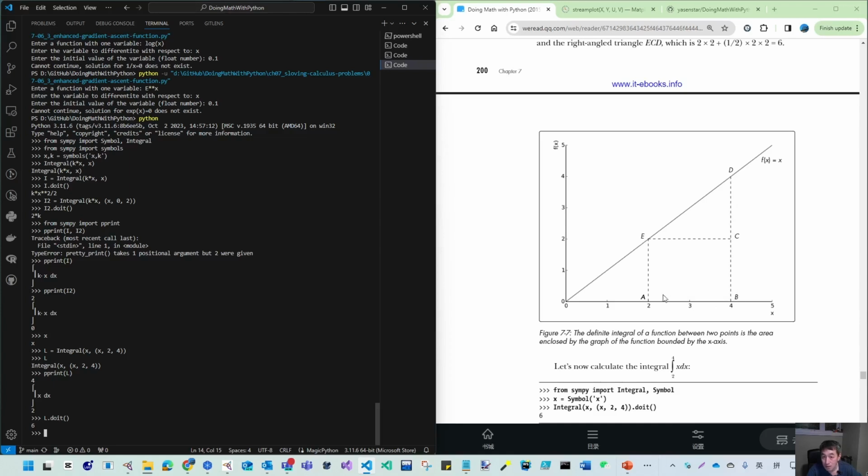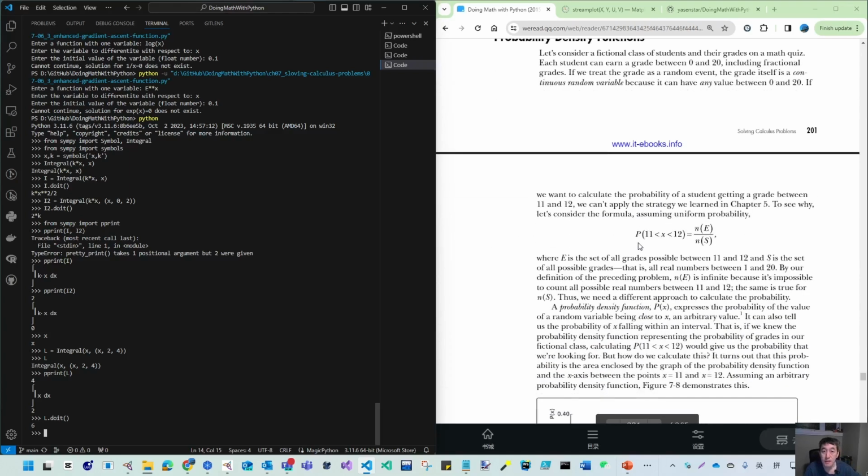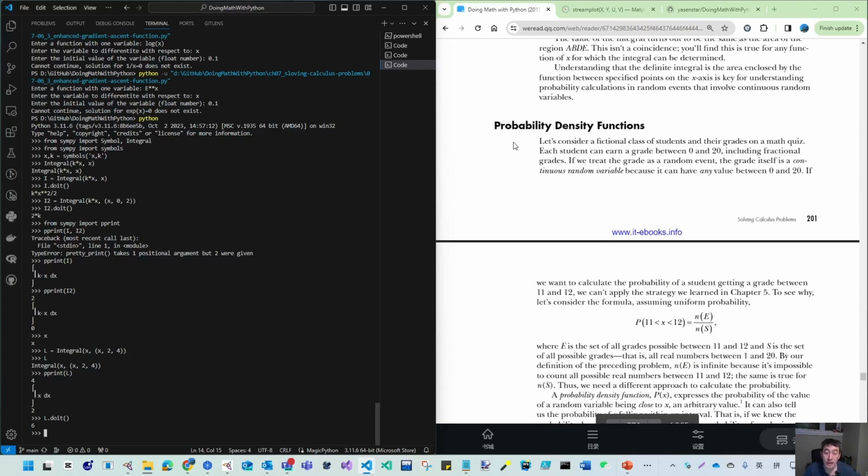Then the integral is the area below this sloped line down to the x-axis, which is this rectangle plus this triangle.